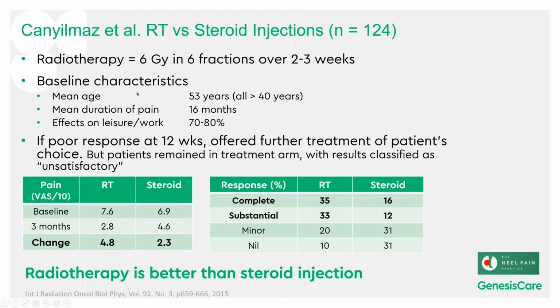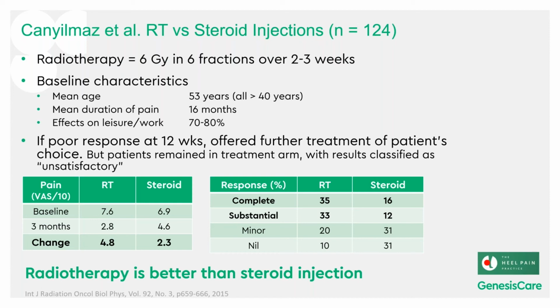So coming on to the next trial, Calcaneodynia, this was radiotherapy versus steroid injections. Radiotherapy was given as 6 gray and 6 fractions over 2 to 3 weeks. Very similar baseline characteristics to the Neovolt trial. And again, if there was poor response at 12 weeks, then they were offered further treatment of the patient's choice, so not necessarily radiotherapy. The visual analog scale was done out of 10, again, 0 being no pain, 10 being the worst pain.